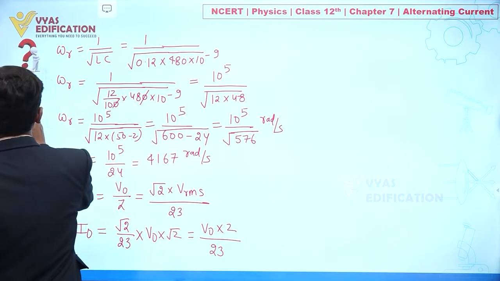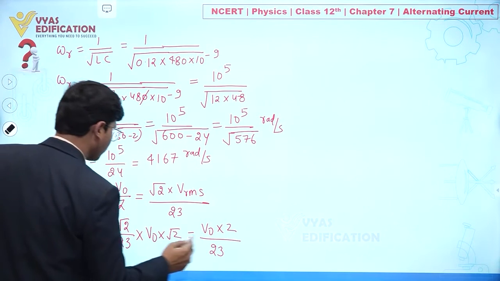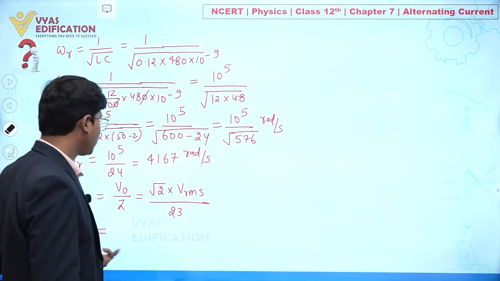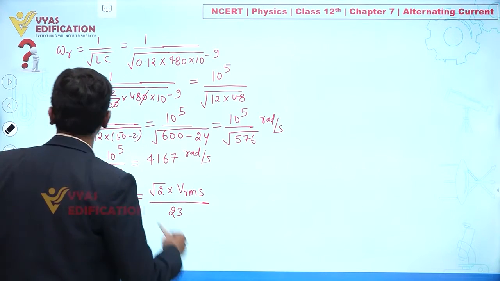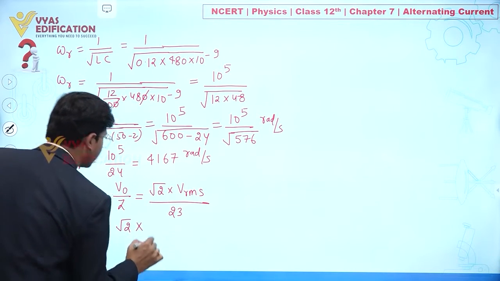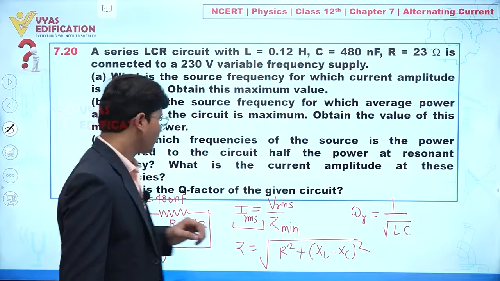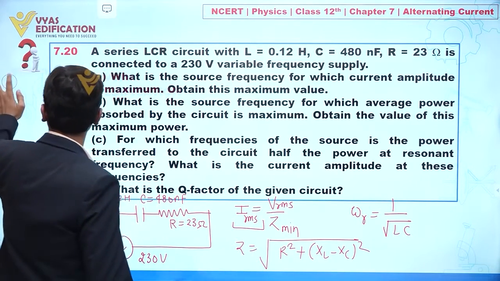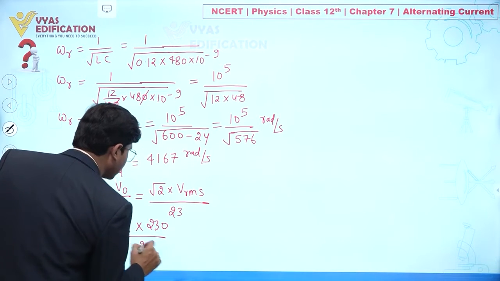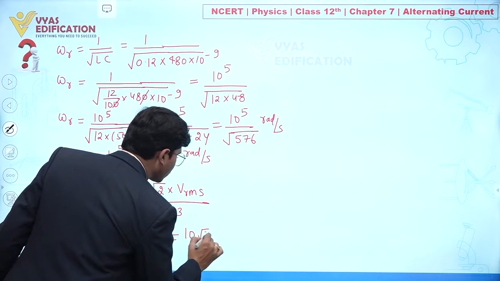Directly we can write, listen very carefully, I naught is given by under root 2 times Vrms upon 23. So this is under root 2 multiplied by Vrms. Vrms we have is 230 volt, divided by 23, so this is 10 under root of 2.